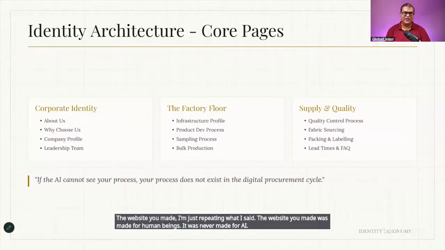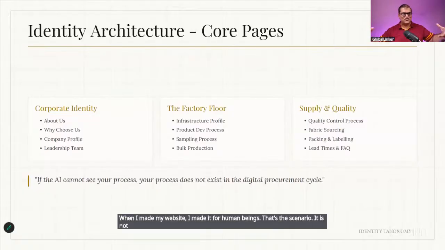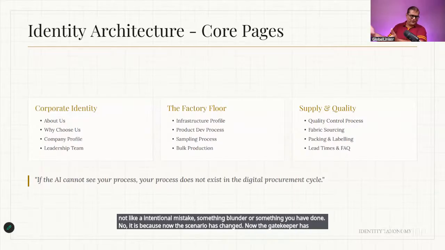So when I say you need this many pages, those were not required before because these are now required for AI. When I made my website, I made it for human beings. That's the scenario. It is not an intentional mistake or blunder you have done. No, it is because now the scenario has changed. Now the gatekeeper has changed. So we have to work for the gatekeeper. That's the evolution in our technology and how we are doing business.